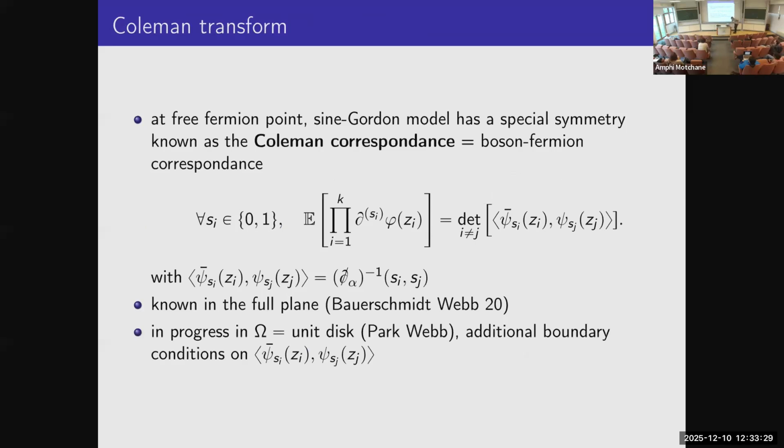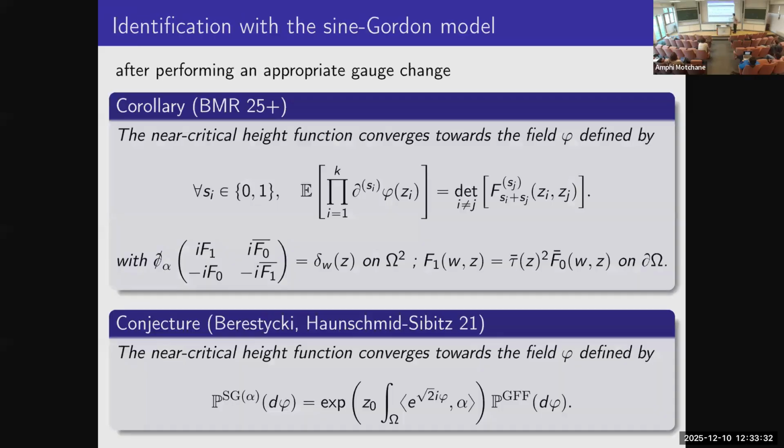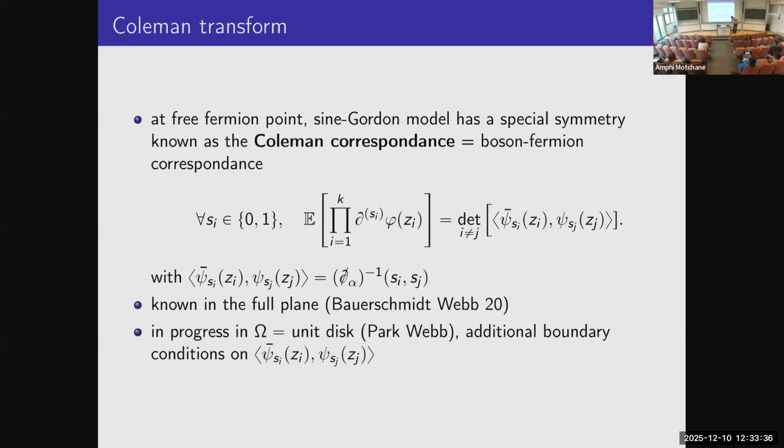Still, those two things are very different, because at the free fermion point, beta equals 2, the sine-Gordon model has a special property known as the Coleman correspondence, which is a kind of boson-fermion correspondence.